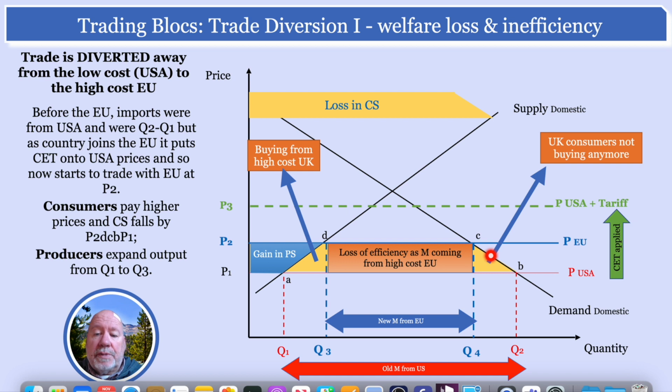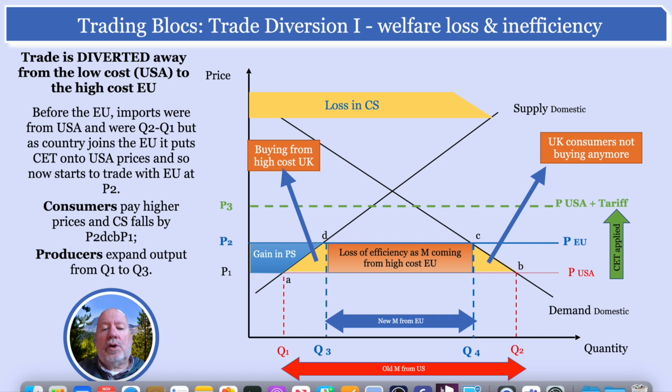So the marginal benefit of, say, that one there is up here. The marginal cost of producing it, if we'd been buying it from the US, is down there. So the argument is we should have been consuming this much and buying it because the marginal benefit exceeds the marginal cost. So we've lost that area of efficiency.